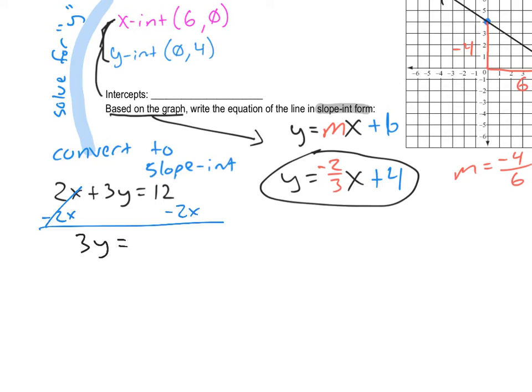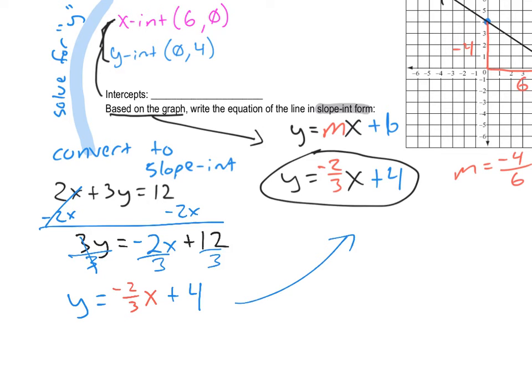So put negative 2x first, and then the positive 12, because slope-intercept has x first, and then the y-intercept. The y is not by itself yet, until we divide everything by 3. Divide everything by 3. y equals our slope, negative 2/3 x. And what's the last part there? Plus 4. And that matches what we got over there from the graph.